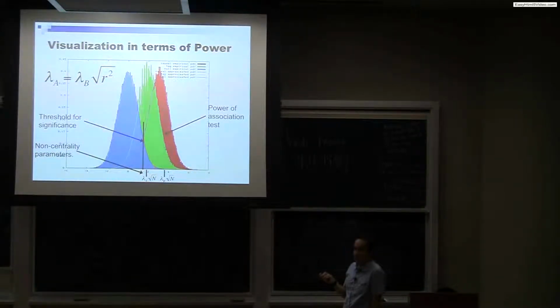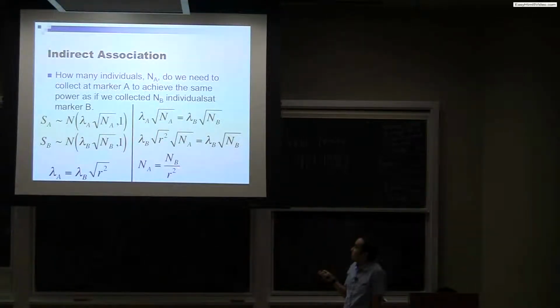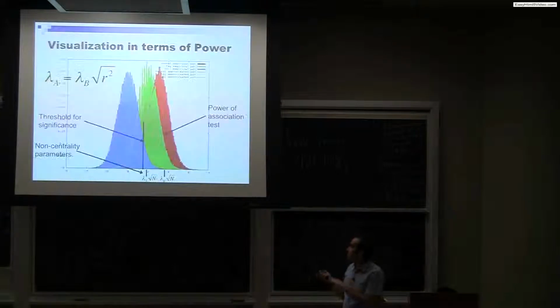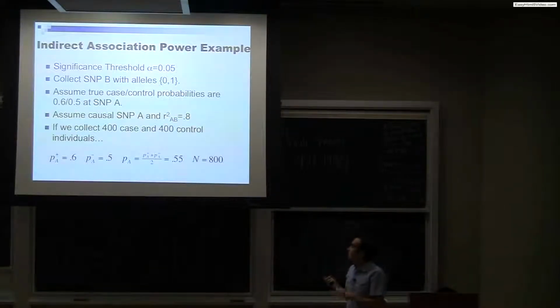As I increase A, I would move up, up, up. When do I get to my original point? It turns out that this is the formula: NA equals NB over R squared. Does it make sense? Just think of it in terms of this curve. Now let's do an example, which I think will really make things clearer.